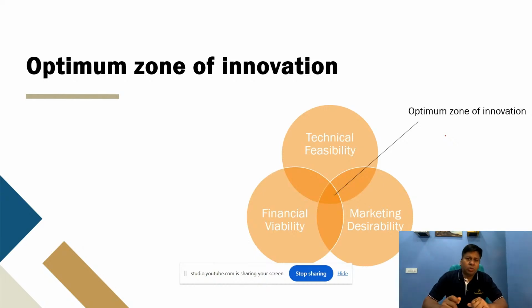We need to look into that with the combination of three things: my technical feasibility, my market desirability, and financial viability. Technical feasibility means, can we develop this with the current technology or resources, or can we hire some external resources, or utilize some more technology?